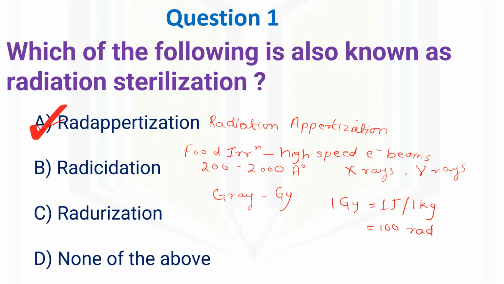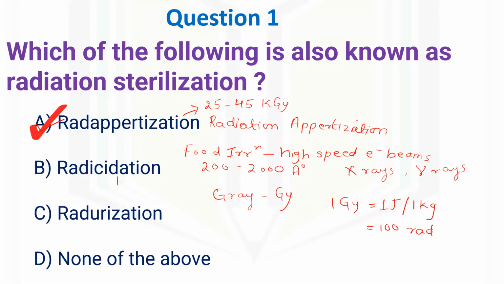So depending upon the dosage, there are three categories. One is radapatization, second is radicidation, and third is radiorization. Radapatization is also known as radiation sterilization, which uses 25 to 45 kilogray of the radiations.